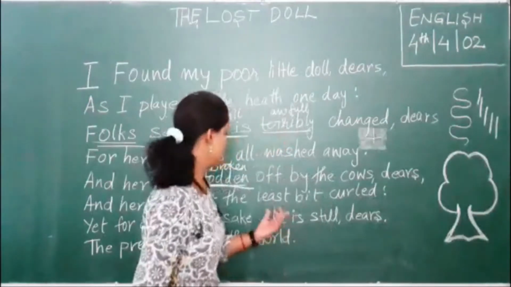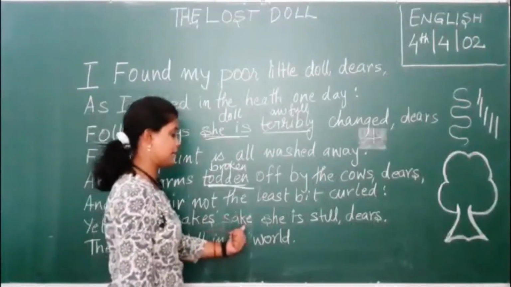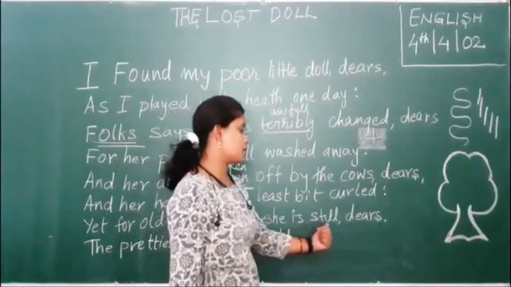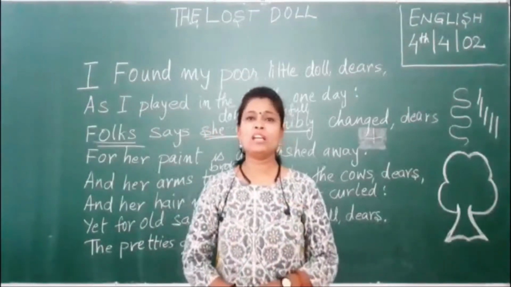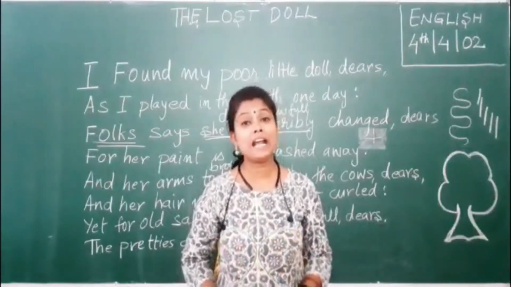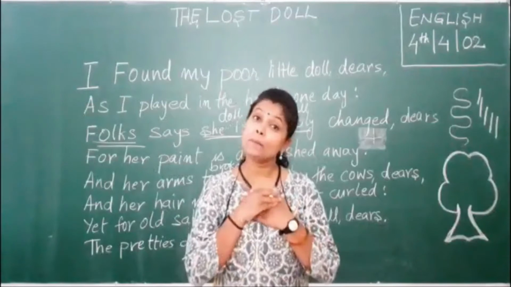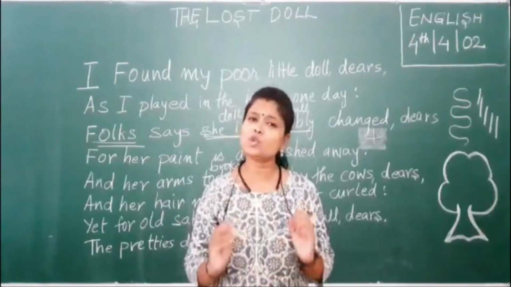Yet for old sake, she is still there. She has become very dirty. She doesn't look beautiful. Still, for the sake, meaning for my liking, because I like my doll very much. It's okay.